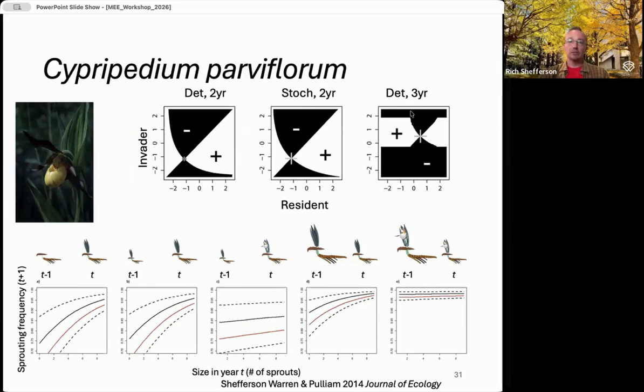And here I found that all of the models worked, and the simplest model is a deterministic 2-year model, so the standard small matrix population model. That suggests that vegetative dormancy is just strictly adaptive. And so we have in that paper an additive deviation to the y-intercept that's a little negative in this case.